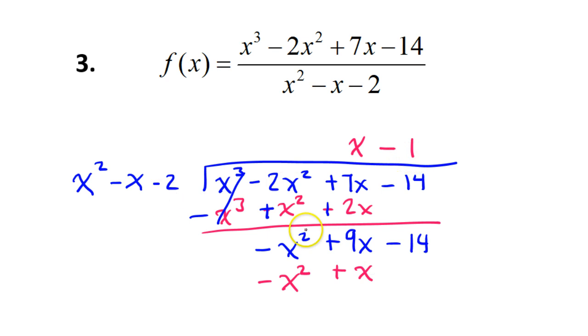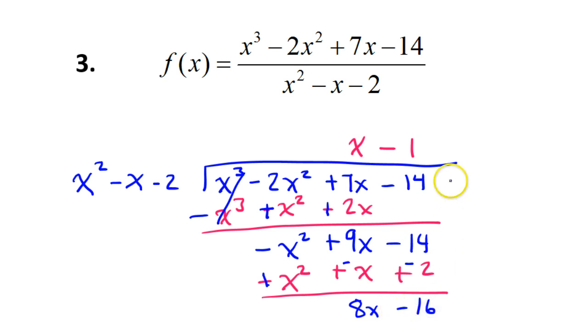And negative 1 times negative 2 is positive 2. All right, I could change the signs like you do. So that's going to make this 8x minus 16. But I've already reached my constant. So this is now the remainder.